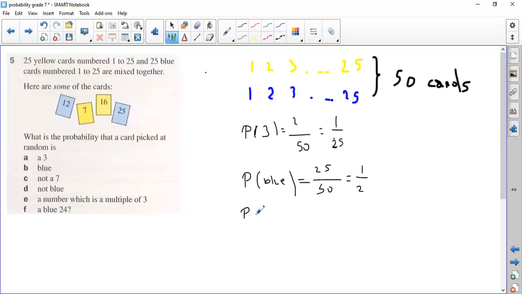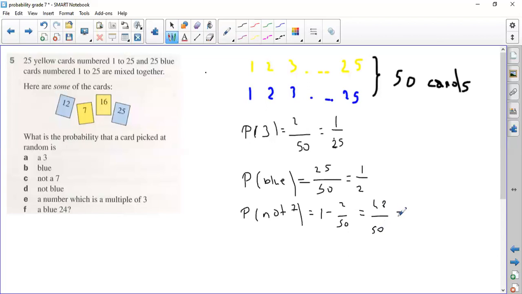For getting a 7, we have two possibilities. We have 2 7s, one yellow and one blue. So for not getting a 7, it means I will have 1 minus 2/50, which is 48/50.